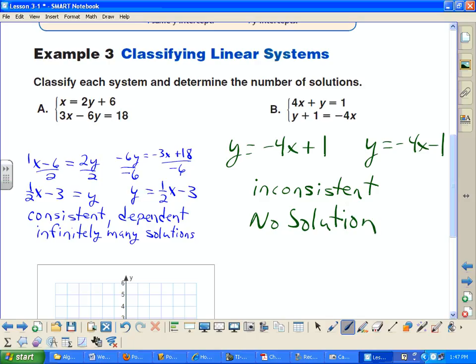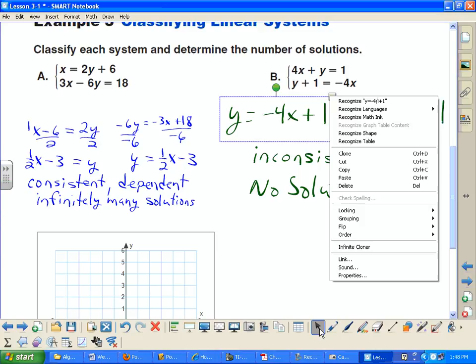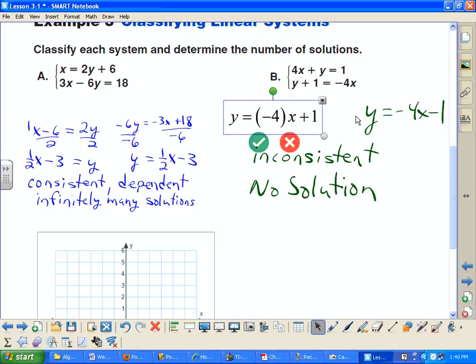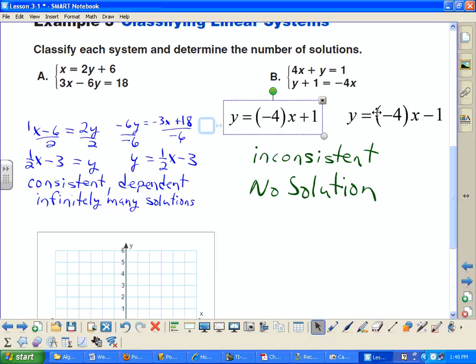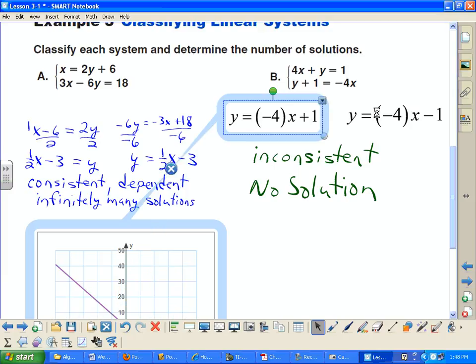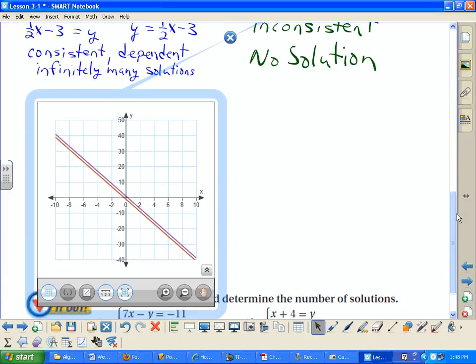Same slope, different y-intercept. So let's see how good I did this time. Even though it changed my y-axis, you can see they're parallel.